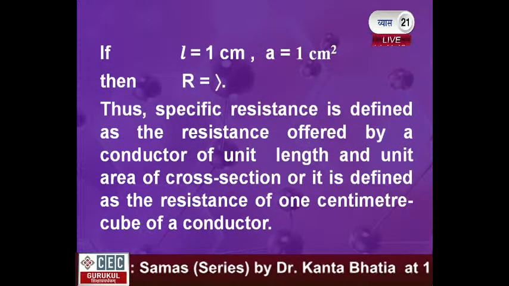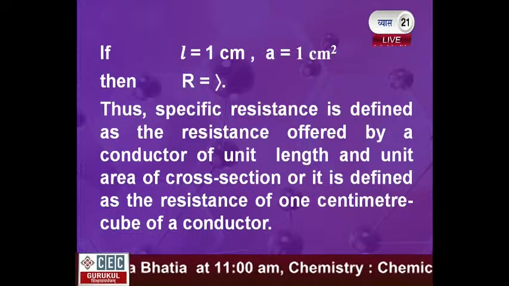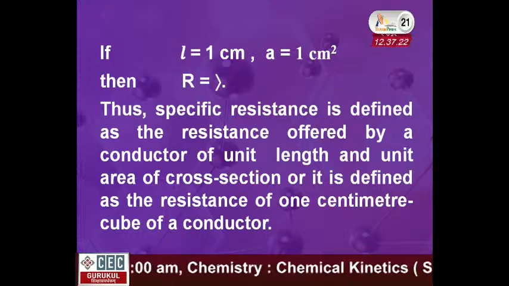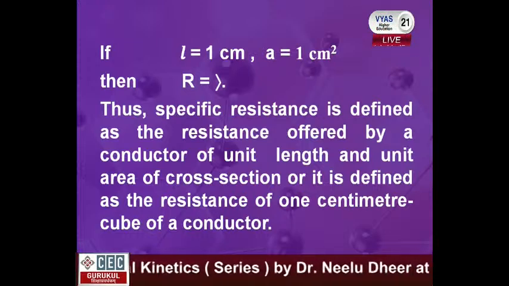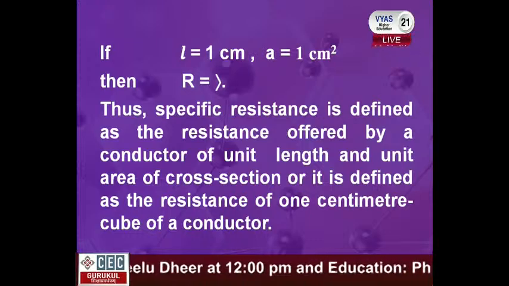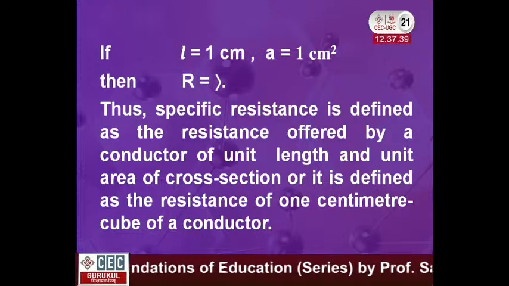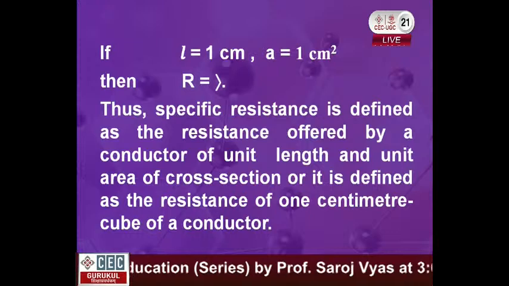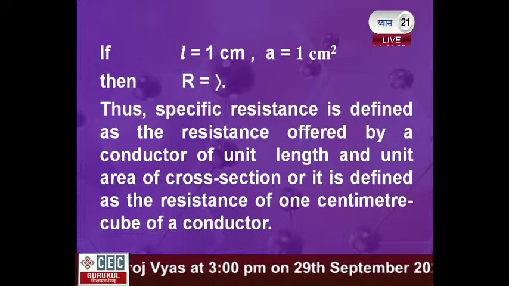If L is equal to 1 and A is equal to 1 centimeter square, then R becomes equal to rho. That is, the specific resistance is defined as the resistance offered by a conductor of unit length and unit area of cross section, or it is defined as the resistance of 1 centimeter cube of a conductor.